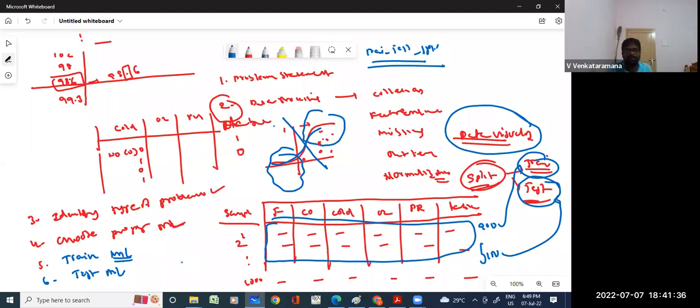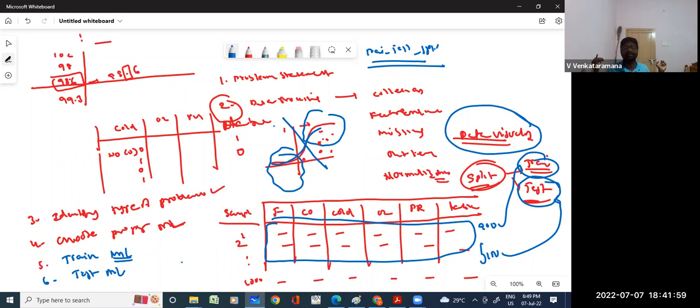Or overfitting. Overfitting means your training error is very, very good, almost near zero, but the testing error is very high. That is called overfitting. On the training data it is well fitted, but once new data comes into the picture, it is not able to predict properly.